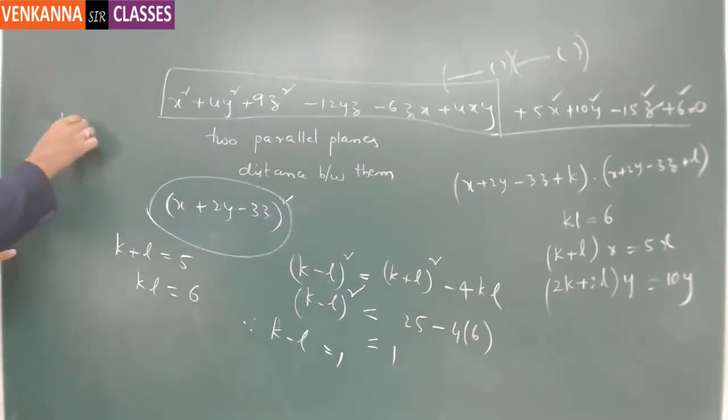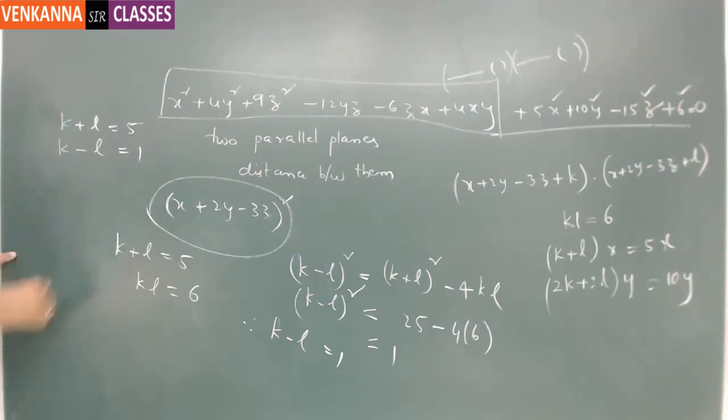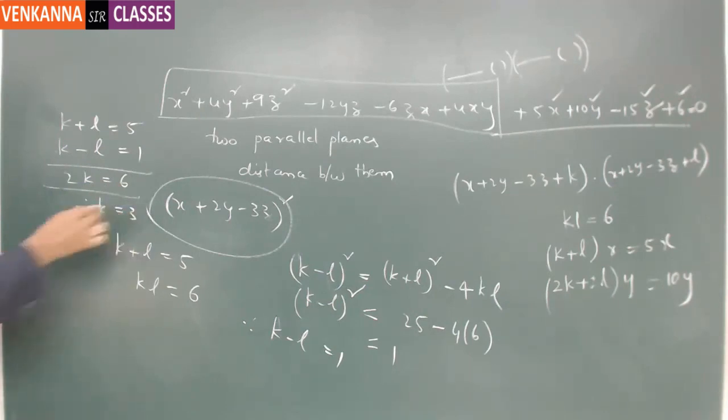So, you have k plus L is equal to 5, k minus L is equal to 1. You can solve that. 2k is equal to 6, therefore k is equal to 3, therefore L is equal to 2.